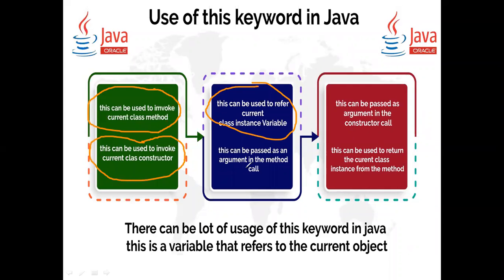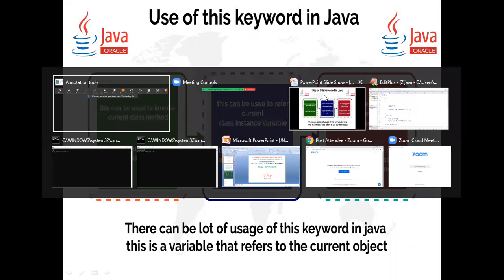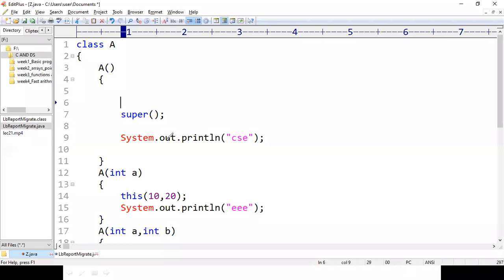When we are calling a method, we can pass the this keyword as a parameter. So if I want to call a, simply I can pass a of this, right? So the this keyword can be passed as a parameter during method calling.